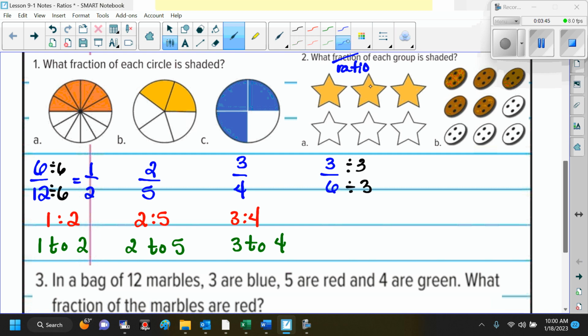So this is going to be 1 to 2. Piece of cake, right? All right. Who wants to try letter B? It's going to be 5 to 9. You can write 5 to 9 with the word to, with a colon, or as a fraction. All 3 different ways are acceptable.